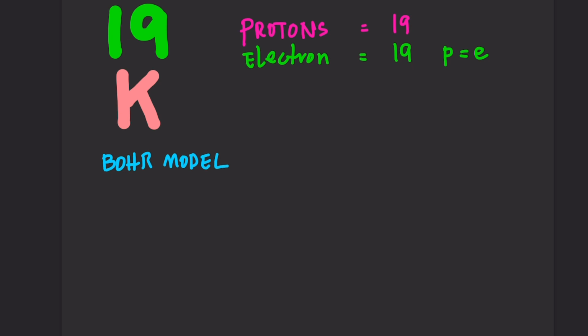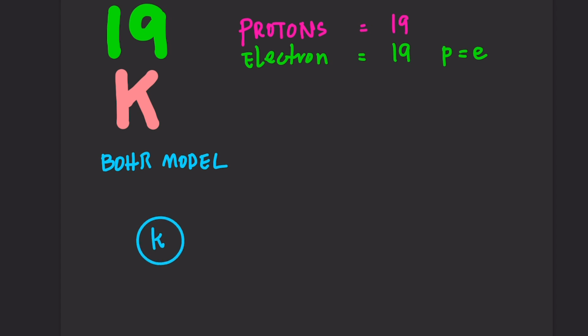Okay, so let's say this is potassium, and we know that the first shell can take 2 electrons. Okay, so 1, 2. And I know that the next shell can take 8 electrons.